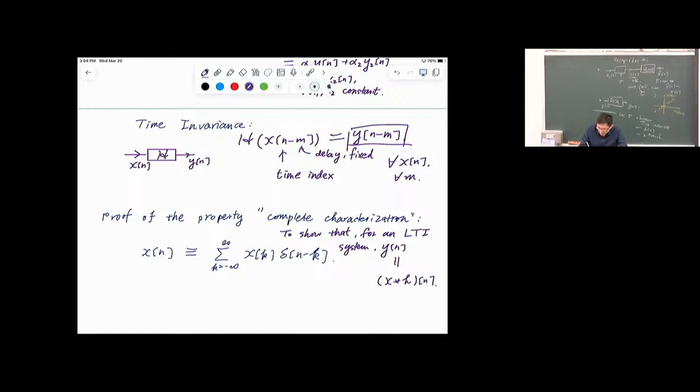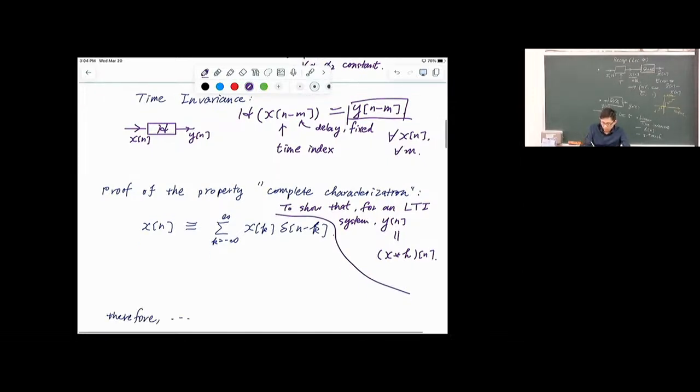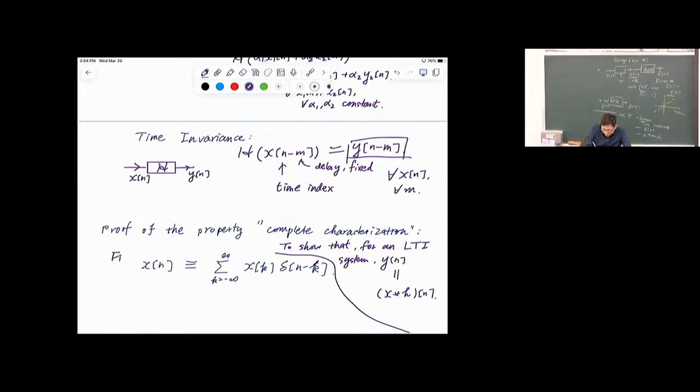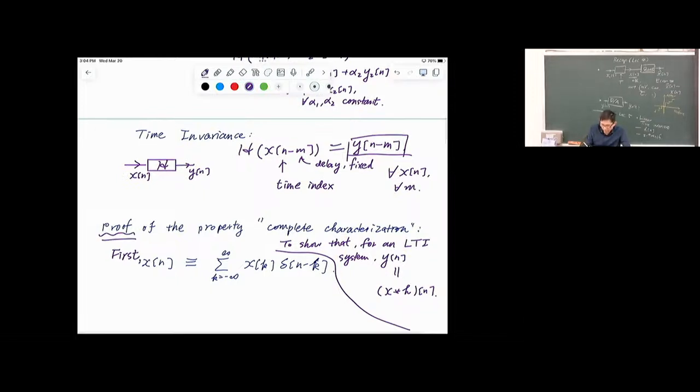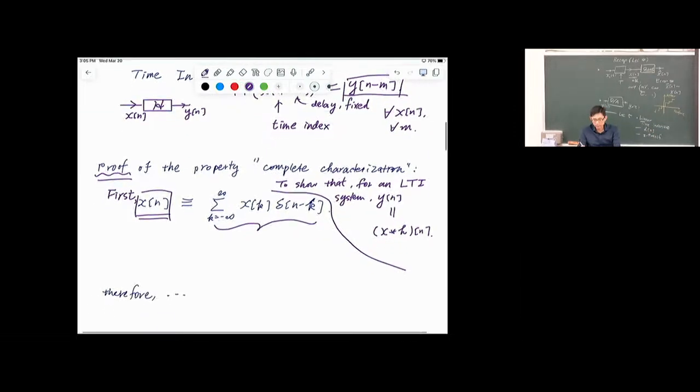First, this is kind of a nice trick. I recommend writing our signal in this expression, and it will become useful. Let's take a look at this expression together.